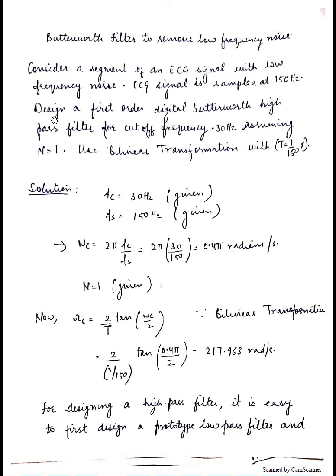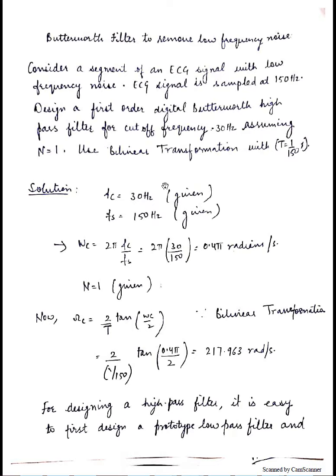We have to design a first order digital Butterworth high pass filter for a cutoff frequency of 30 Hertz, and for that we are assuming that the order of the filter is 1, that is n equal to 1, and in that we have to use bilinear transformation, and capital T will be 1 by 150 second.